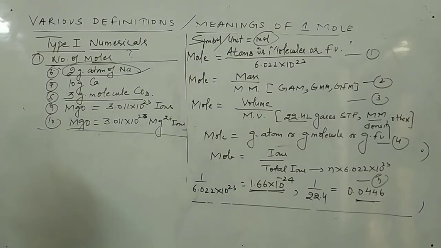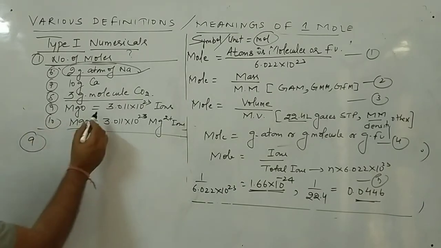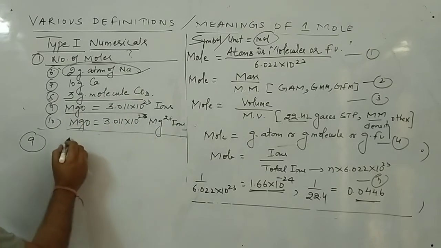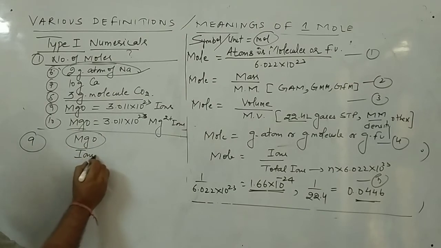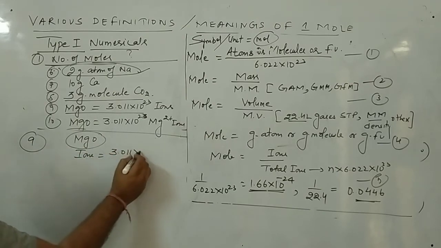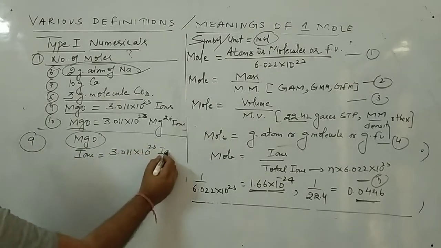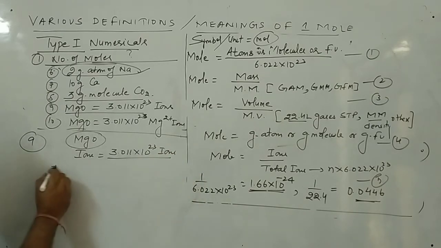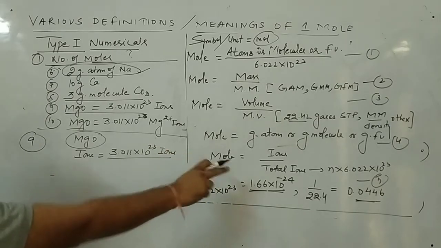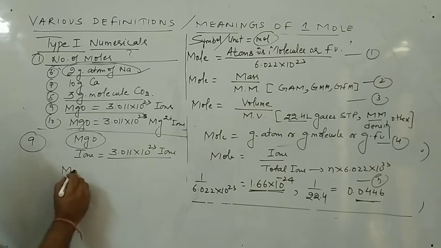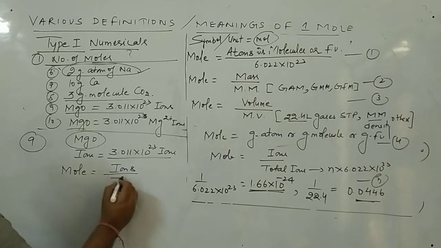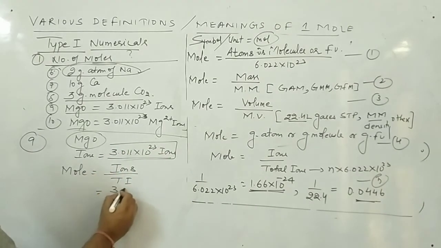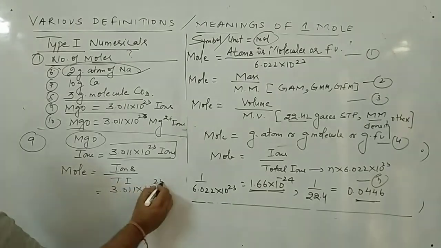What is given? Your ionic compound is MgO and it contains how many ions? 3.011 × 10^23 ions. So the formula is, remember the last formula number 5, mole is equal to ions upon total ions. So how many ions are given? 3.011 × 10^23.